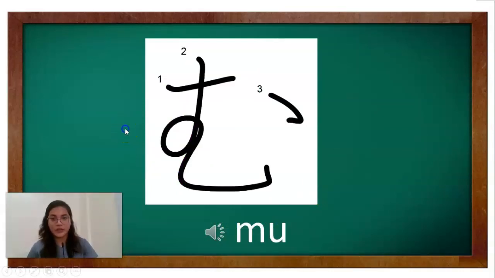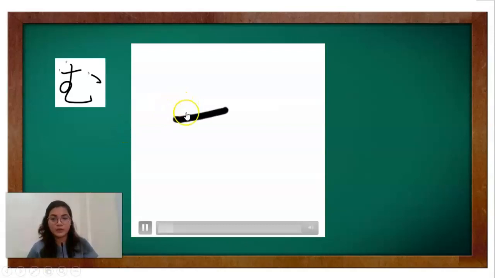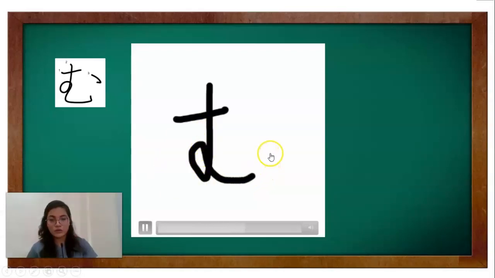mu. Okay. Mu has 3 strokes. 1, 2, and 3.